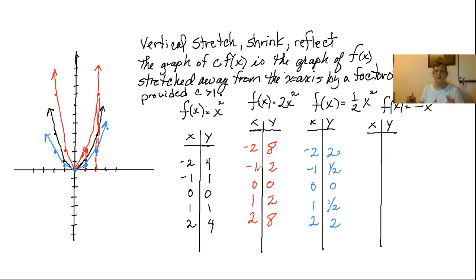If you multiply it by a number between 0 and 1, it shrinks it back toward the graph, or sometimes they'll say condenses. There's other things they say, but in any case, it's going to push it back down toward the graph, so that if this is your normal graph, multiplying it by something larger than 1 will stretch it, multiplying it by something smaller than 1 will flatten it out.